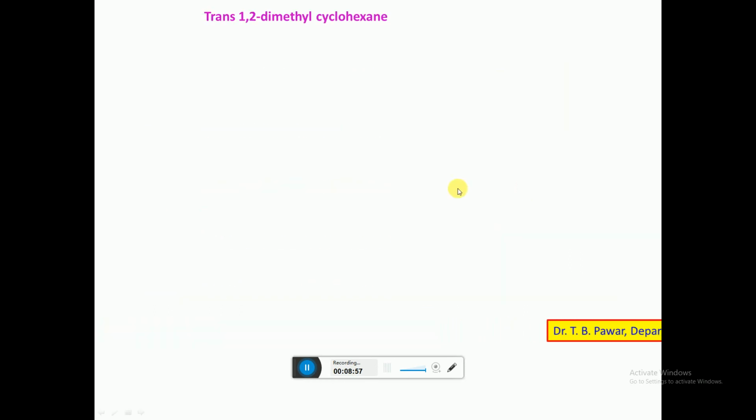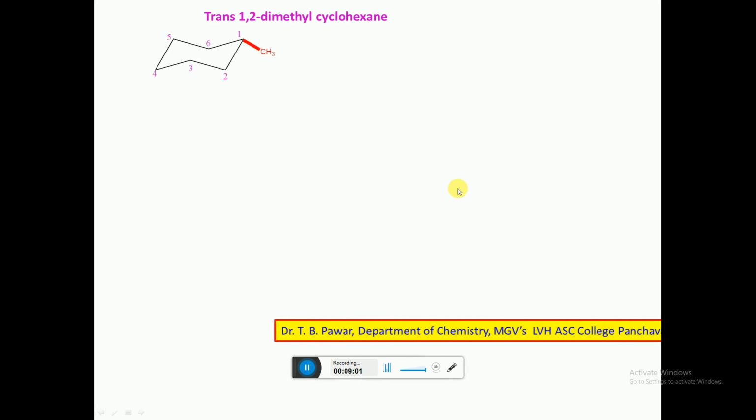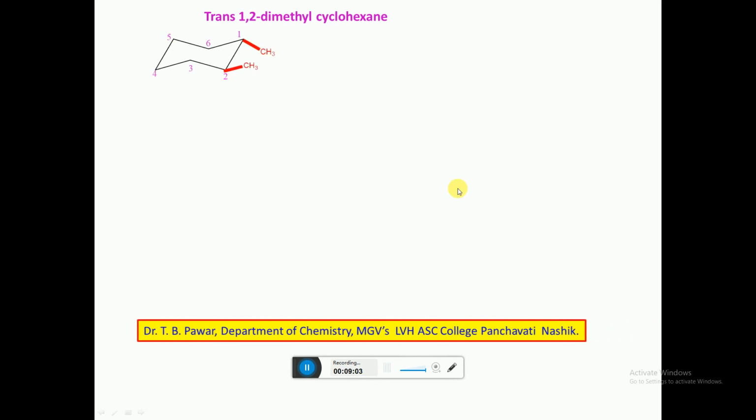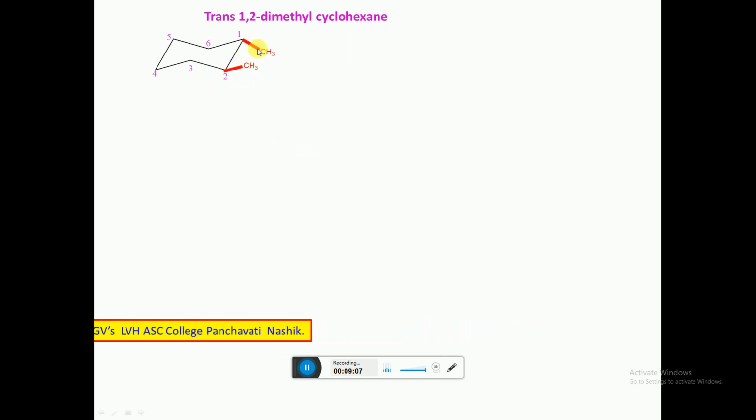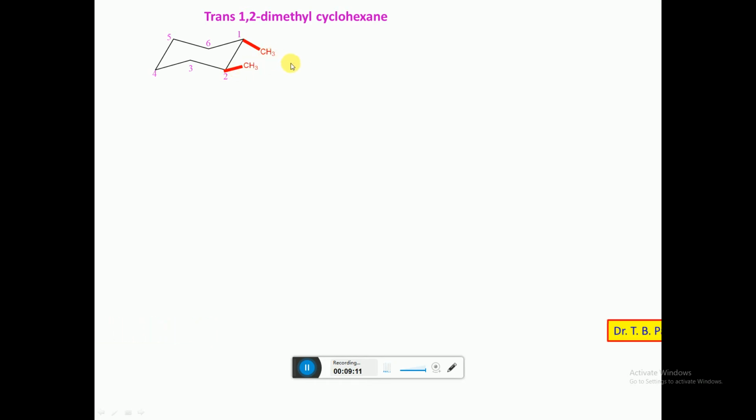Now trans 1,2-dimethyl cyclohexane. In trans 1,2-dimethyl cyclohexane, both the methyl groups are not projected on the same side. One is projected below the plane, another projected above the plane, so it is trans.